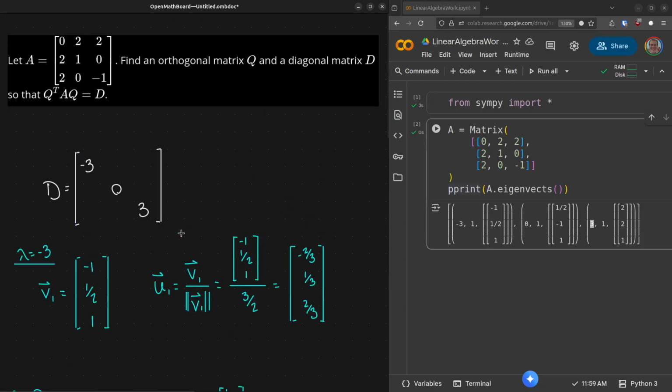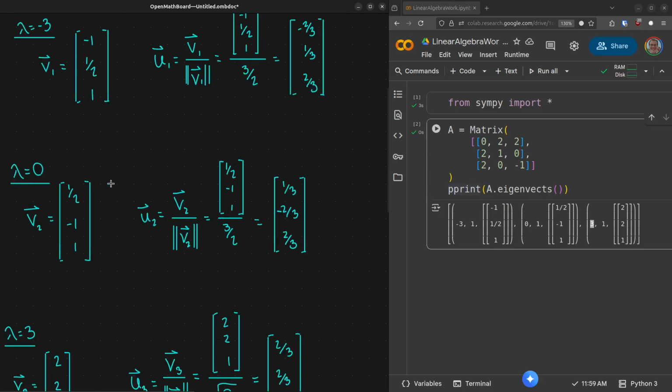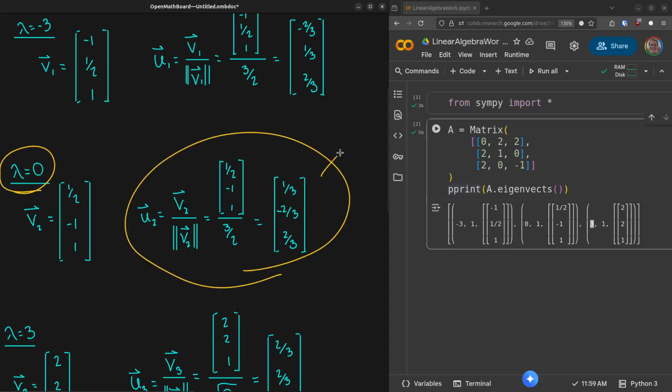The next eigenvalue I chose to use in my diagonal matrix D is 0, so I need to look at the normalized eigenvector corresponding to that eigenvalue. So 1/3, -2/3, 2/3.